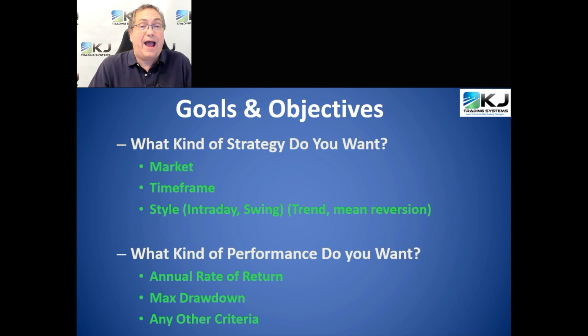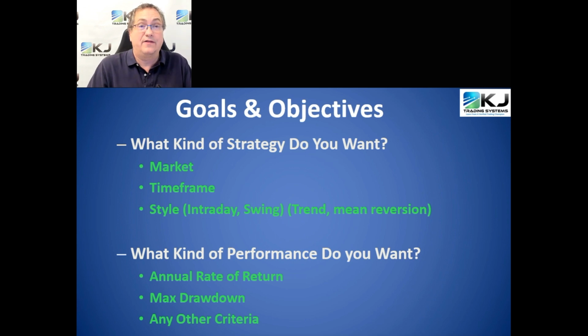And the reason why that's true is you'll be building a back test, and if you don't have goals for what your profit and drawdown should be, every time you look at an equity curve, you'll say, that sort of looks good, I think I can make it better. And you'll go back and you'll tweak the rules and you'll add filters and you'll do a lot of things that just lead to curve fitting.